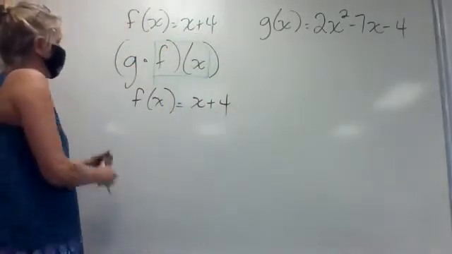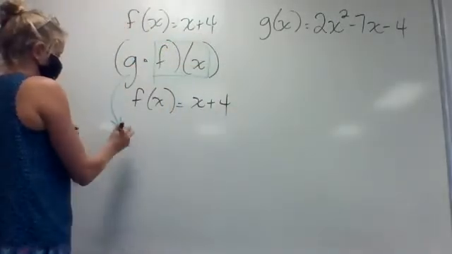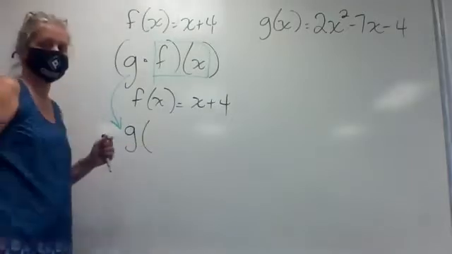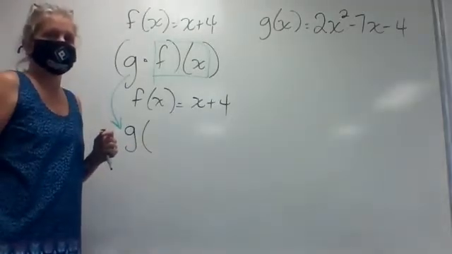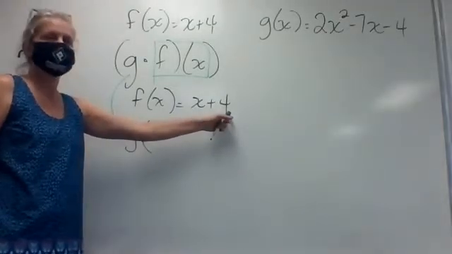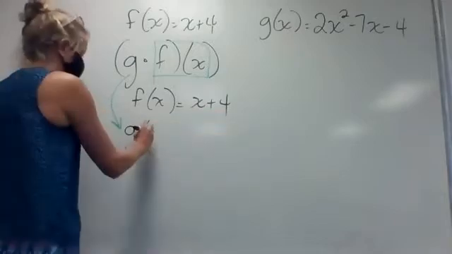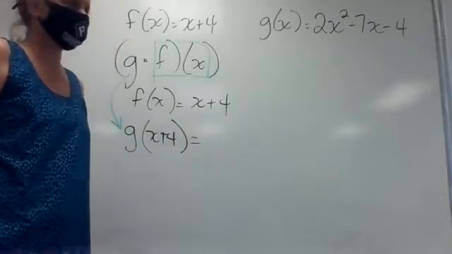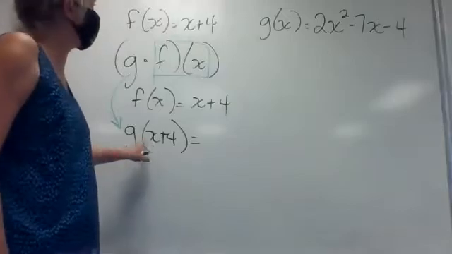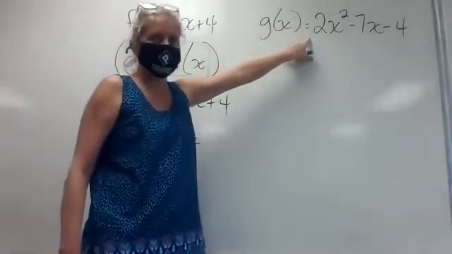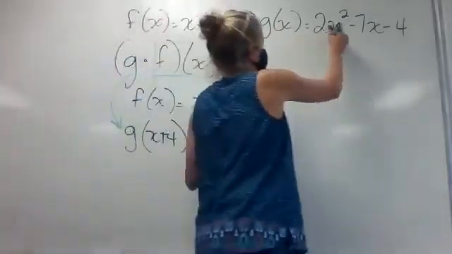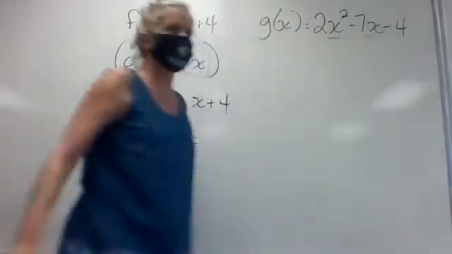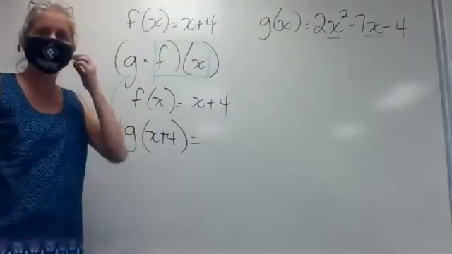So done with the first part, drop down my g. What goes in parentheses? Your last part. So x plus 4. And here's where this one gets complicated. Because I'm going to g, and everywhere I see an x, I'm going to replace it with x plus 4.